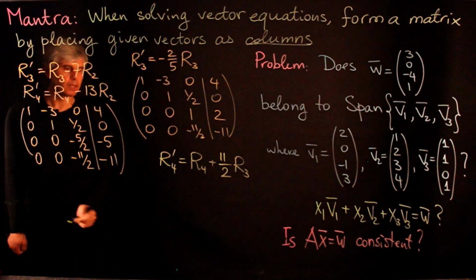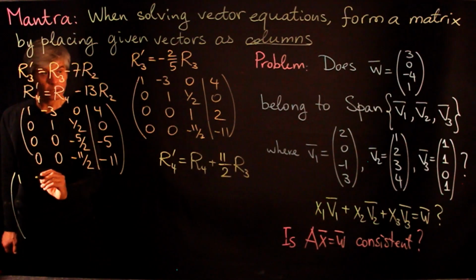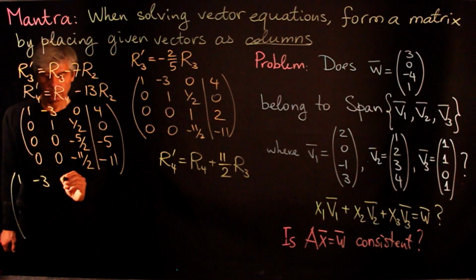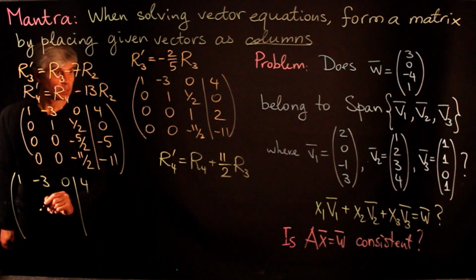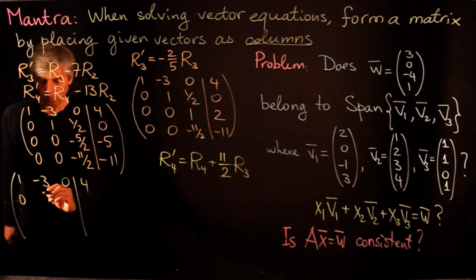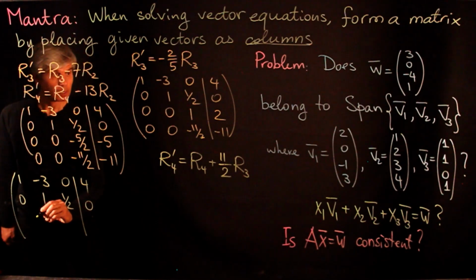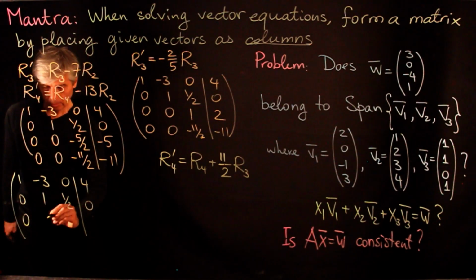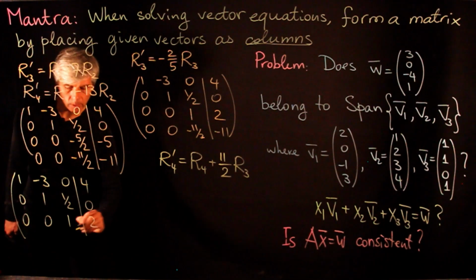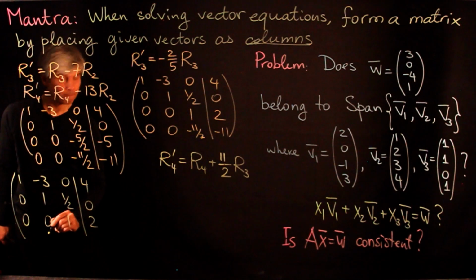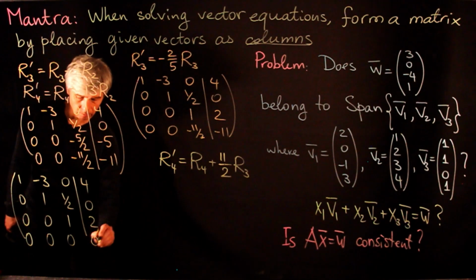And this will eliminate the last row of the matrix, and we get 1, -3, 0, 4, 0, 1, 1/2, 0, 0, 0, 1, 2, and 0, 0, 0, 0.